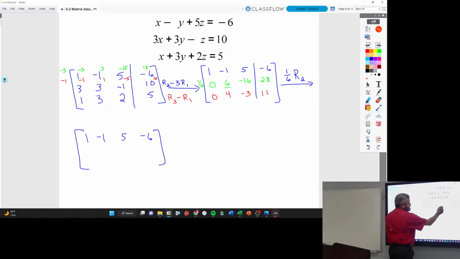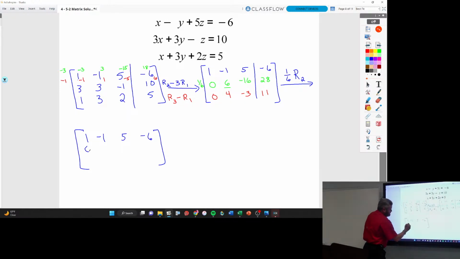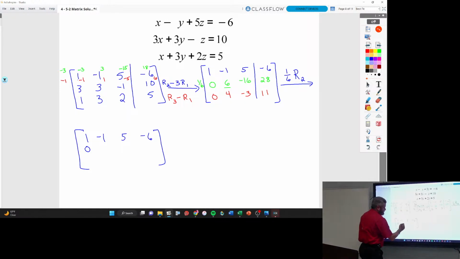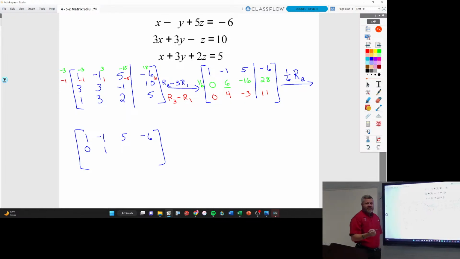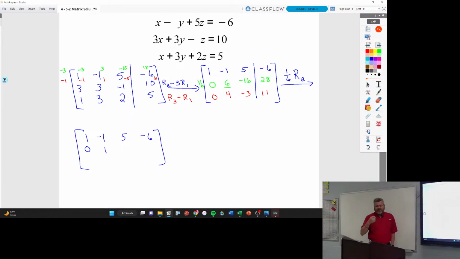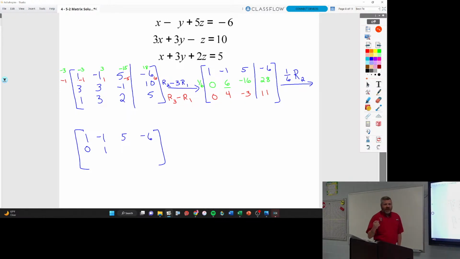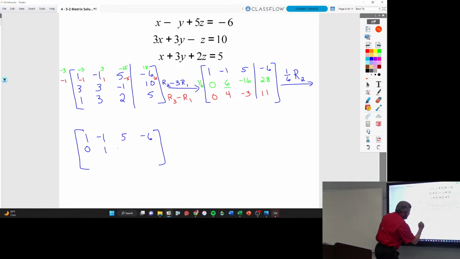But I'm taking 1/6 of row 2. 1/6 of 0 is 0. 1/6 of 6, well, that'd be 6 divided by 6, that's 1. 1/6 of negative 16, that would be negative 16 divided by 6, which reduces to negative 8/3.